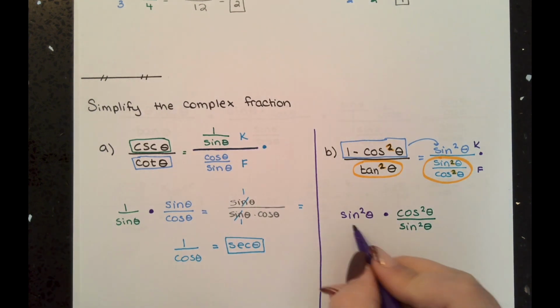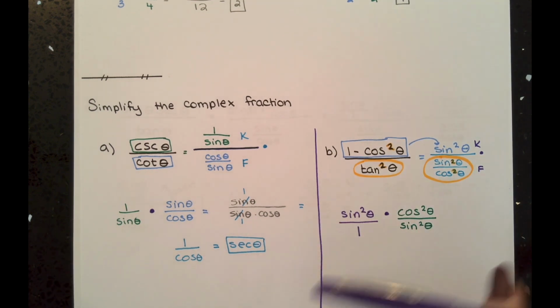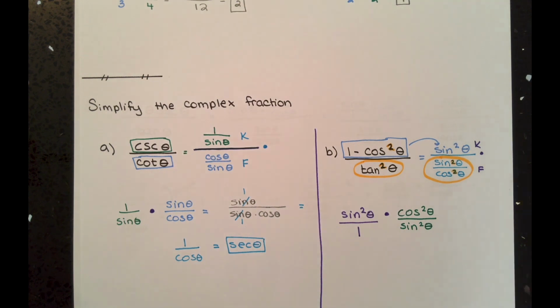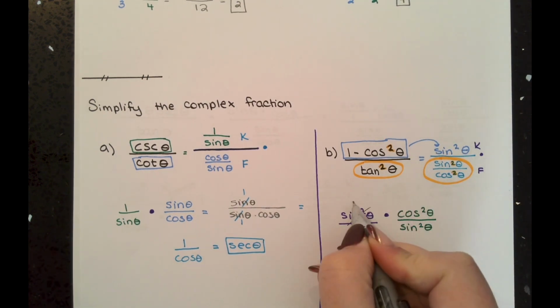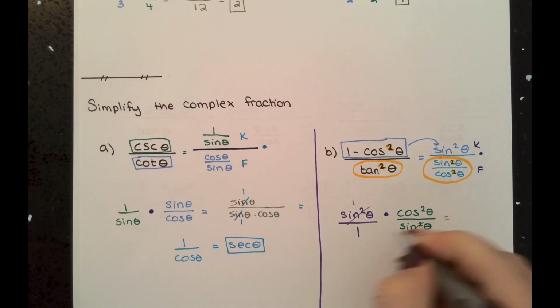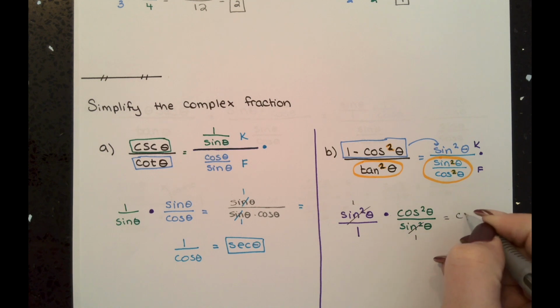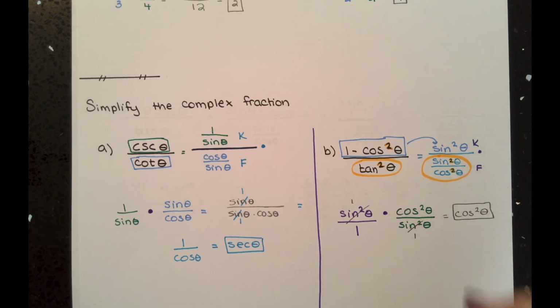Again, hopefully your heart's screaming at you already. Look at the signs, look at the signs. So let's look at the signs and say, yes, indeed we can divide them. So we have 1 times cosine divided by 1 times 1. We just have cosine squared of theta for our answer.